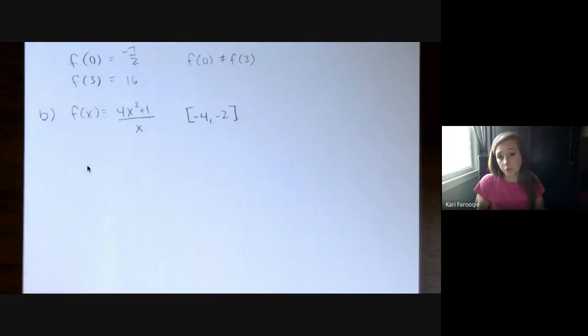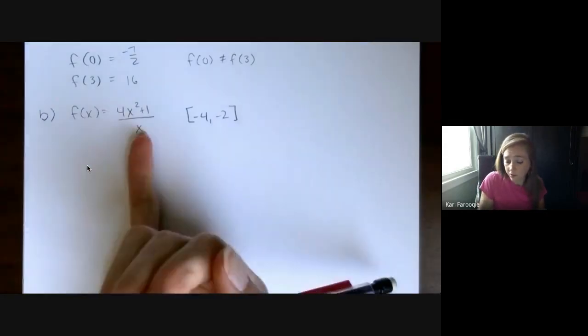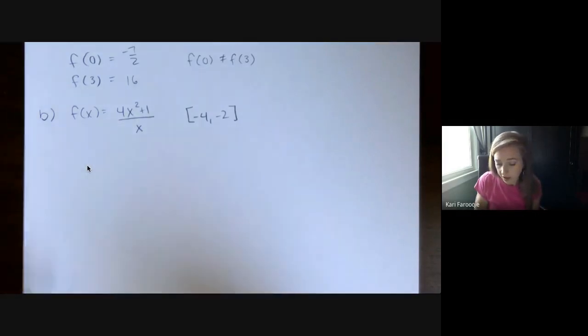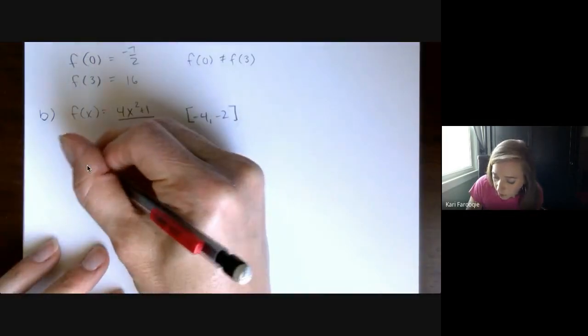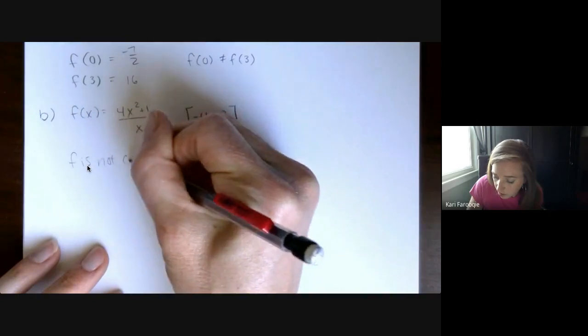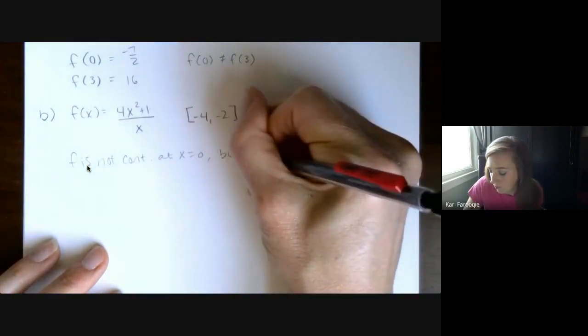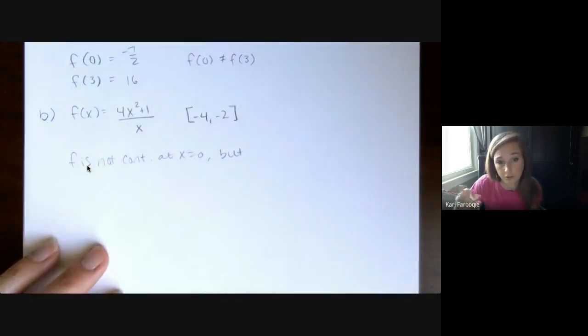And again, right off the bat, you're seeing this variable in the denominator. That's telling you you might have a problem. Not entirely sure. But you could say that f is not continuous at x equals 0, because if the denominator is 0, we will have a vertical asymptote.